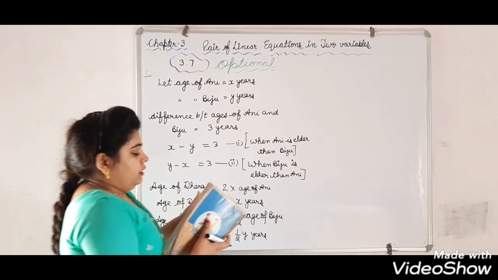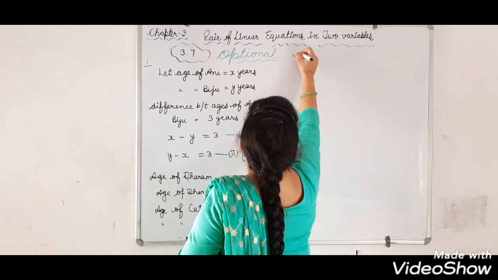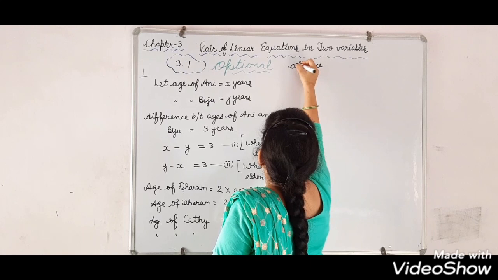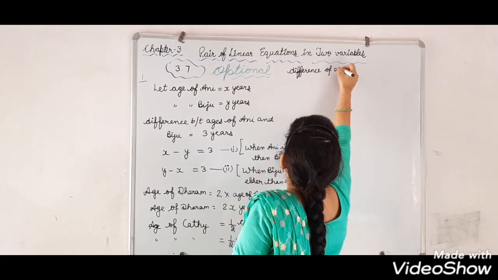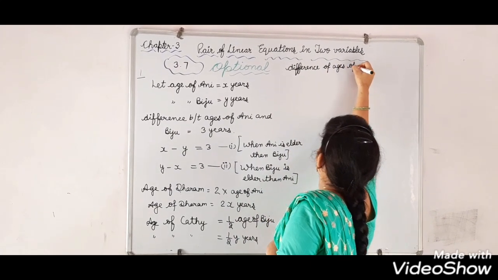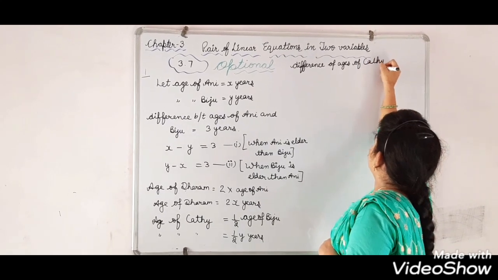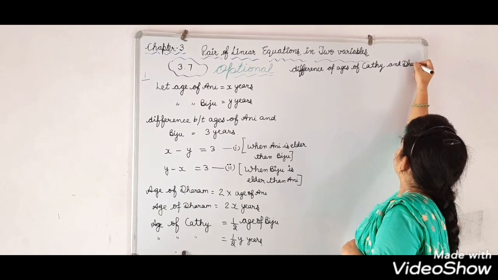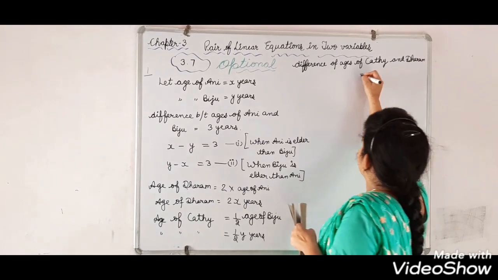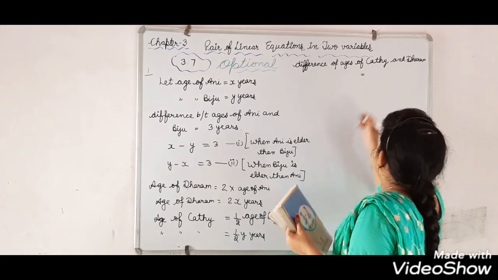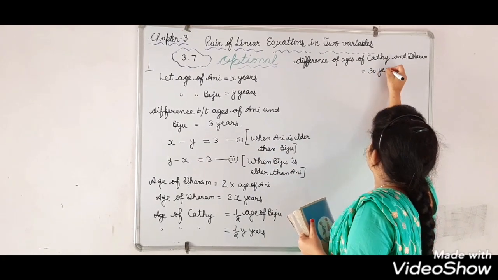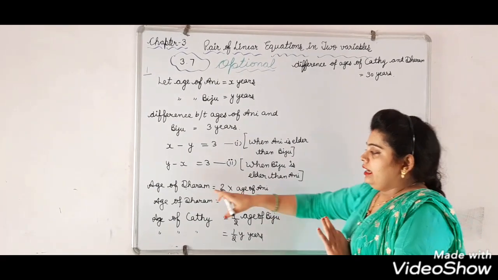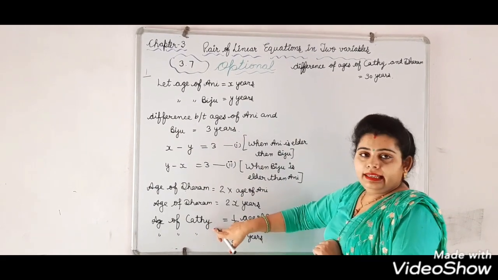Now what is given that difference of ages of Kathy and Dharam is 30 years. Now in this case it is clear that Dharam is elder than Kathy.